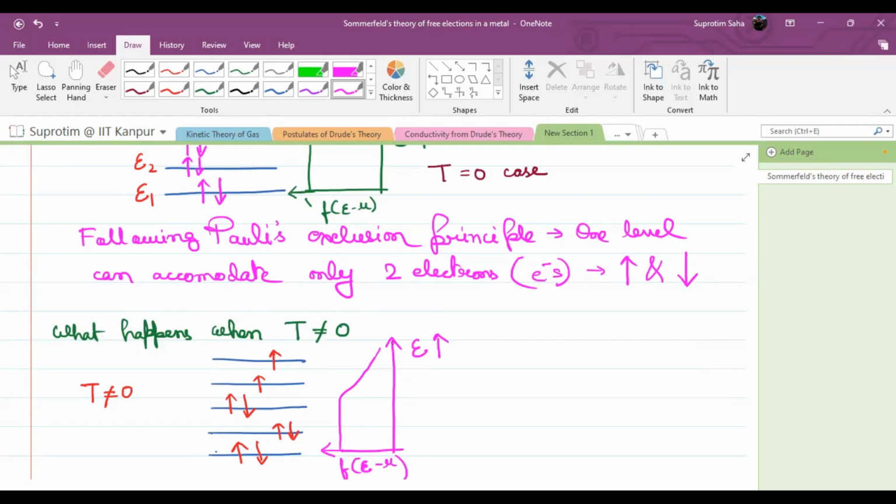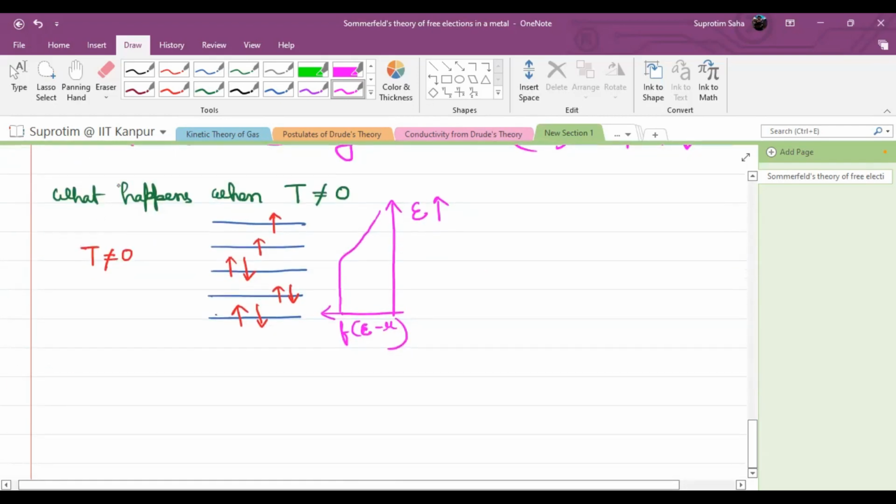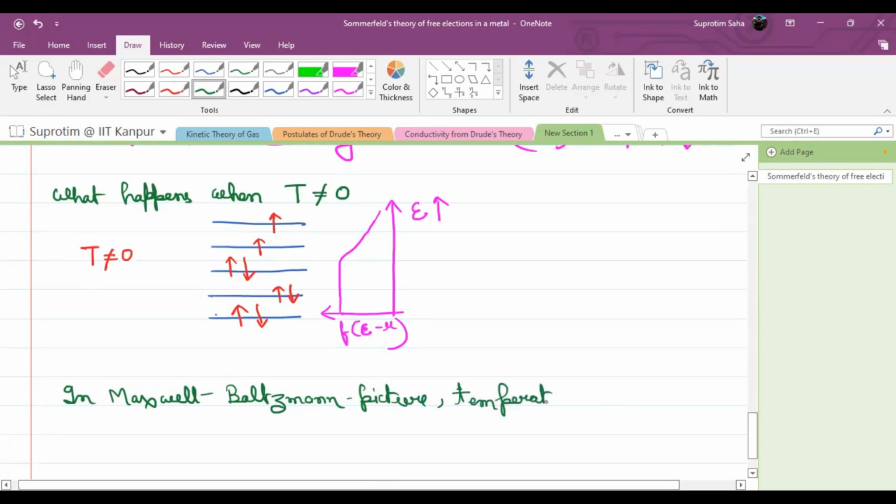So the main difference from the classical picture to the quantum picture is that in the Maxwell-Boltzmann picture, temperature governed the particle distribution.